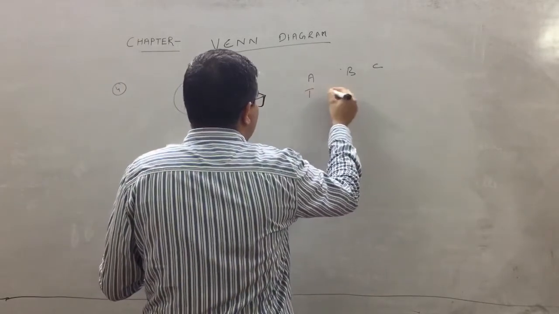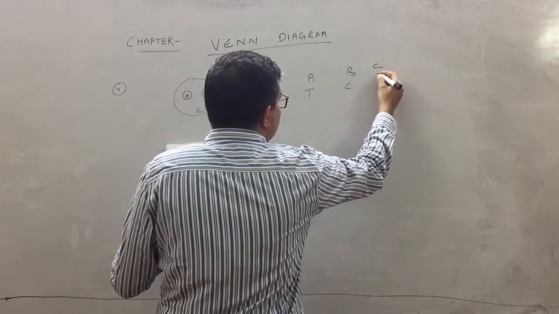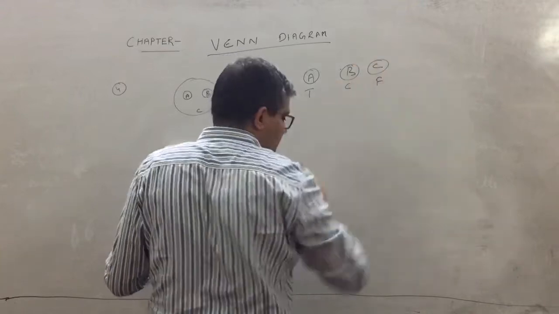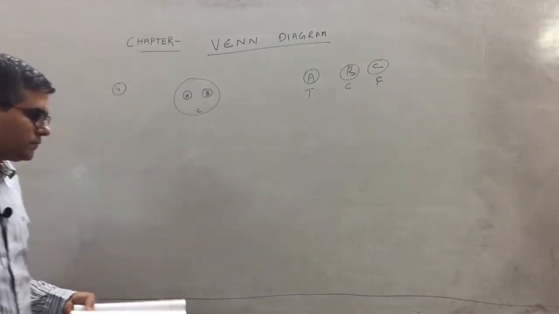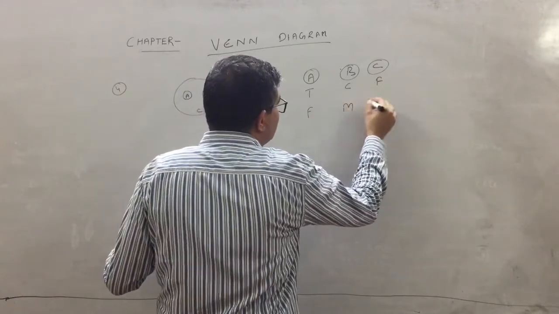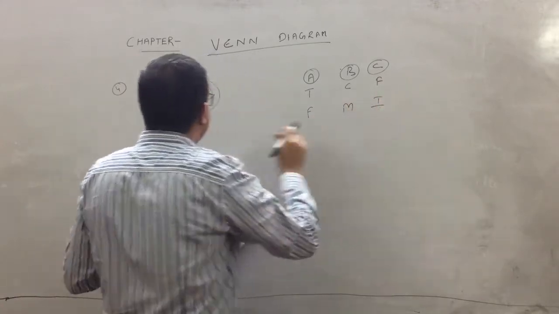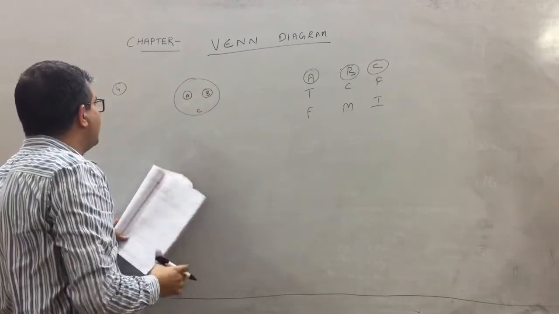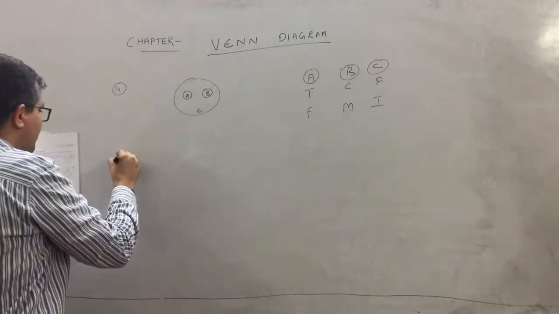Say A is tables, B is chairs, C is furniture. Or you can say A is flies, B is mosquito, C is insects. So A and B both belong to C, but they do not have anything common between A and B.